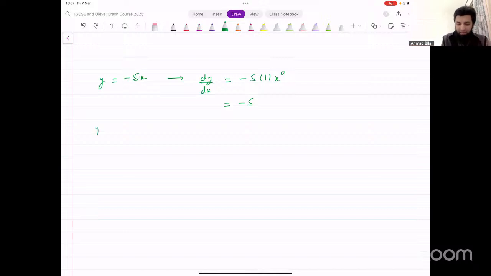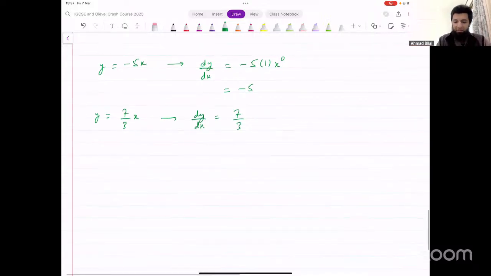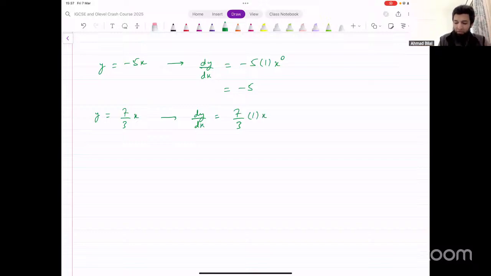Let's take another example. Let's say we had y equals 7 over 3x. What about the derivative of this? Again, 7 over 3 is a constant that's multiplying, that remains as it is. You multiply by the power is 1. You subtract 1 from the power becomes 0, and that also leaves you with 7 over 3. Now that's interesting.